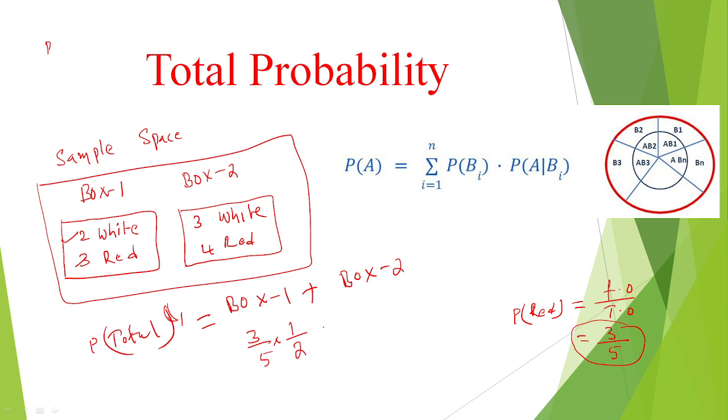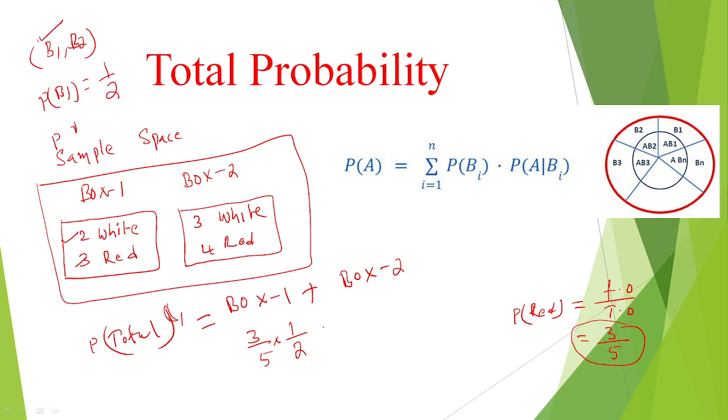Because if two boxes are there, B1 and B2, and you select one ball, it may come from box 1 or else it may come from box 2. So that's the reason the probability to select box 1 is one favor out of two.